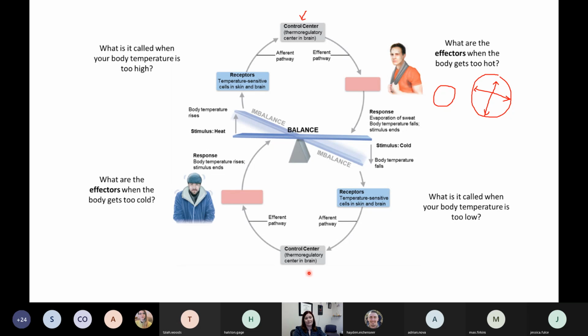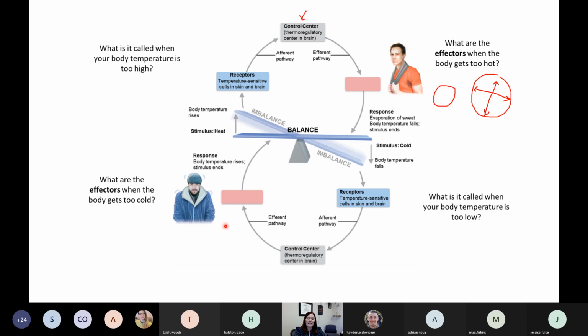I can fix this. So the first effector that we use when we have hypothermia is we activate the type of muscle tissue in your body that we said helps you with movement, with posture, and heat production. Do you remember which of our types of muscle tissue did movement, posture, and heat production? Which kind was that?